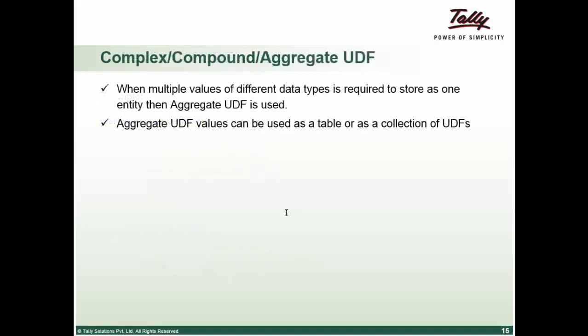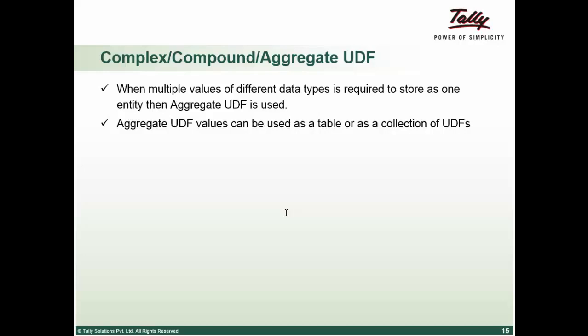Now complex or compound aggregate UDF, when multiple values of different data types are required to be stored as one entity. For example, when you go to voucher and you start pushing values for your stock item, each row is one object where you hold stock item which is of data type string, quantity which is of data type quantity, amount which is of type amount, rate which is of type rate.